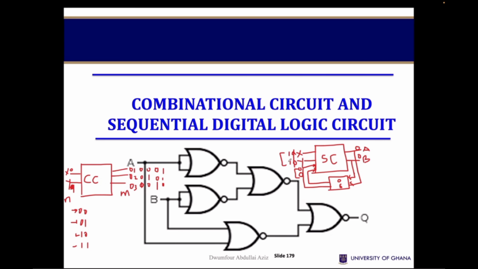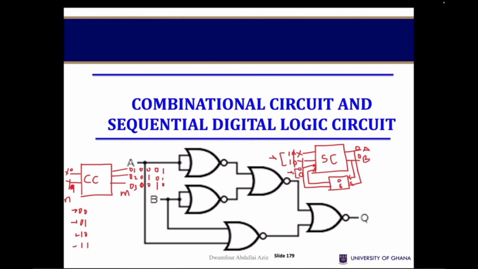So you can say that your next output depends on your past output, which is this, and your current input. This is always current, but this is your past output, or the input of your past output, whichever way you call it.